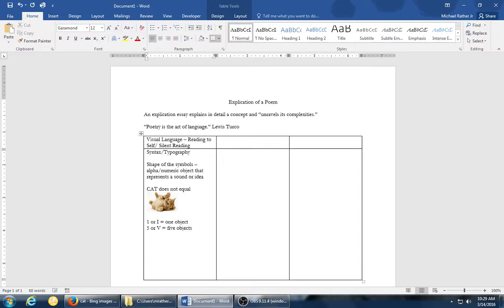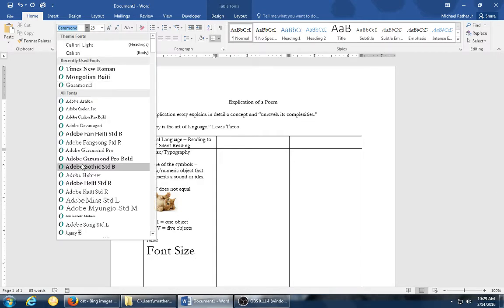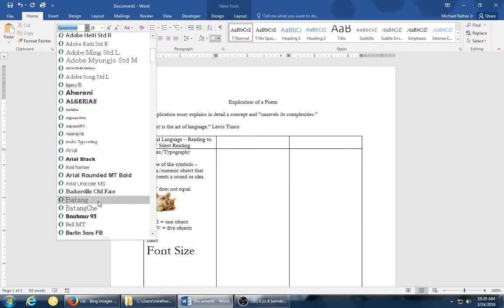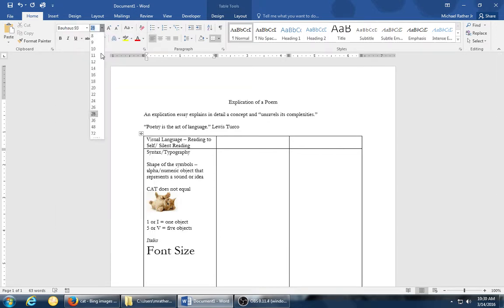Okay, so when we think about shapes of a symbol in typography, we're also dealing with things like italics, font size, right? Font size, and let's get a really crazy font that looks very different than what we have here. Font type.